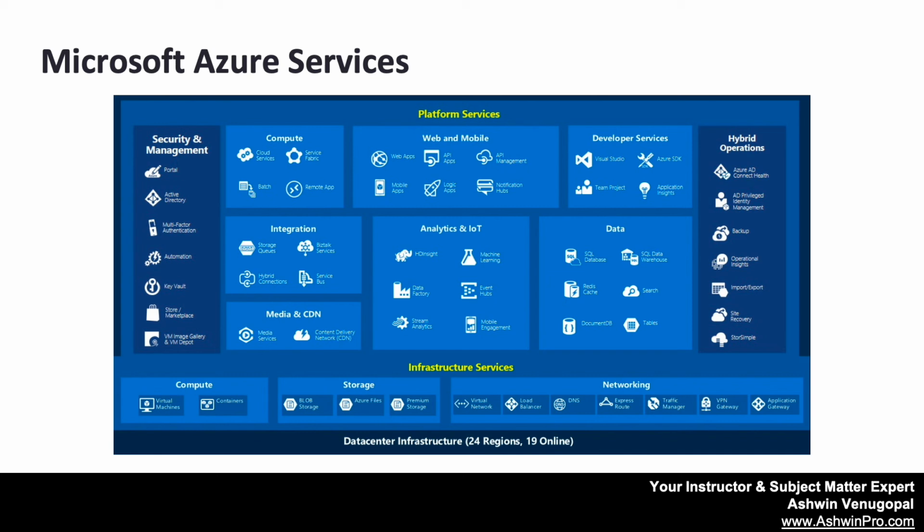In the networking, you have the load balancer, the DNS, the virtual network, VPN gateways, application gateways, and things like that. Microsoft has data centers in 24 regions and it keeps increasing. If you look at the Microsoft site, you will find that new regions are getting added very frequently.